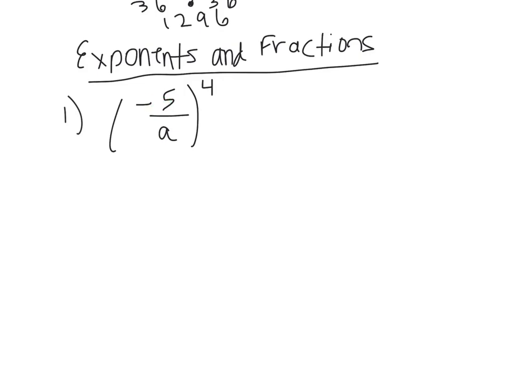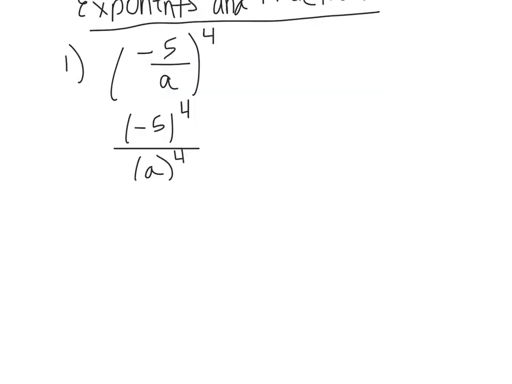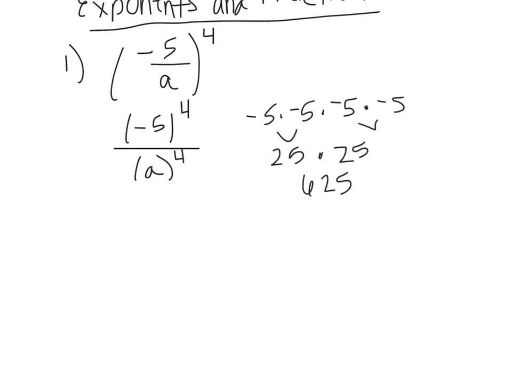And we also have a to the 4th power. So we need to multiply negative 5 by itself 4 times. First pair is positive 25, second pair positive 25, multiply 625. So we have 625 in the numerator, and a to the 4th just stays a to the 4th in the denominator.